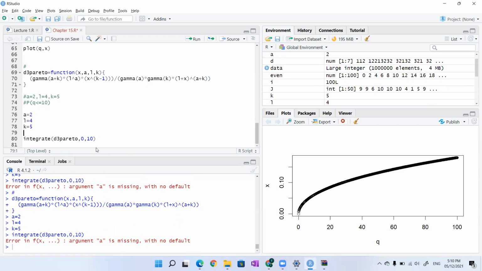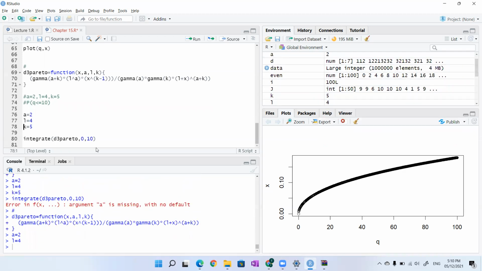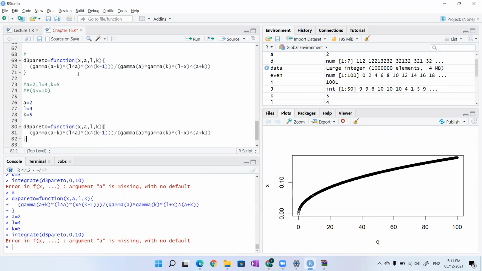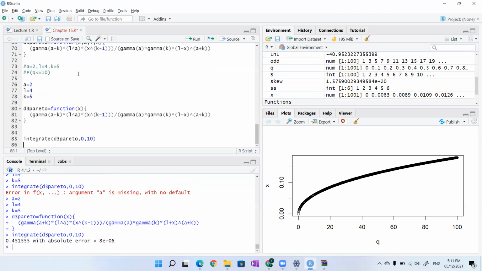I guess I may have made some mistake here. I'm not sure. Missing with no default. I have written this though. So what will I do? I'm just making this a new function. Since I have the defined values of alpha, lambda, and k, I will just remove them and keep only x.